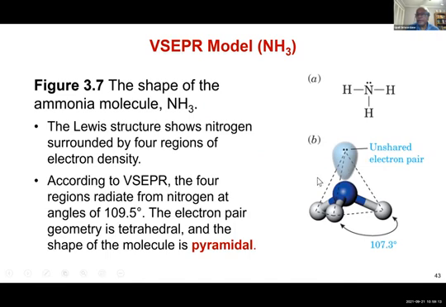Therefore, the molecular shape is normally described by the bonding electron pairs, arranged in a pyramidal geometry. It deviates a little from 109 because the unshared electron pair repels the bonding electron pairs more. So they are pushed down from 109 to 107. Ammonia has pyramidal geometry.